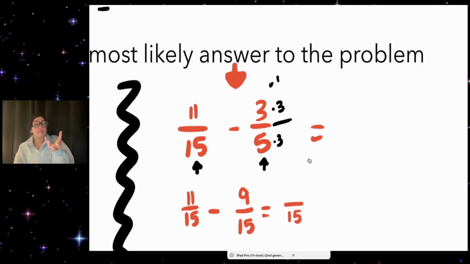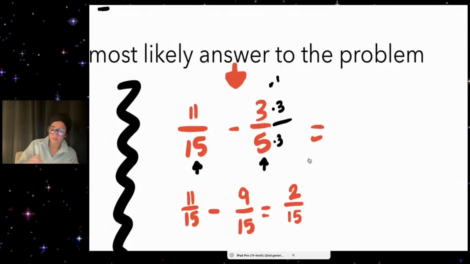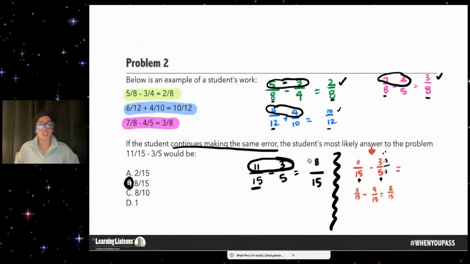With the same denominators, it's like adding or subtracting apples and apples. But with two different denominators, it's like trying to subtract or add apples and oranges. It just doesn't work. So 11 minus 9 is 2. So the real answer to that problem would be 2/15. The most likely answer for the student would be 8/15 based on the errors that they made in the first 3 problems.